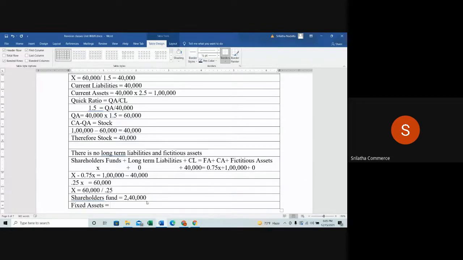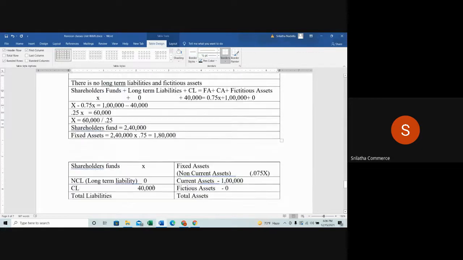It was 0.75. So of 2,40,000, 0.75 will be how much? 1,80,000 will be your fixed assets.